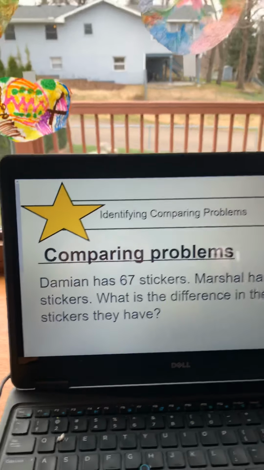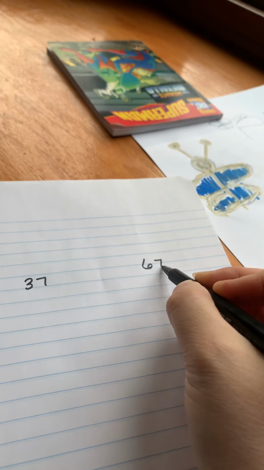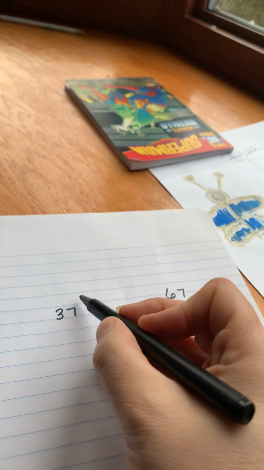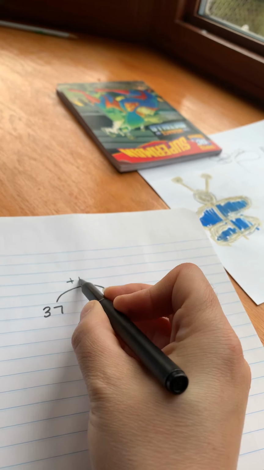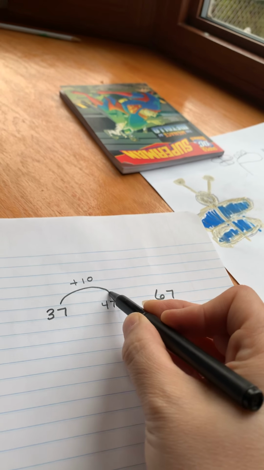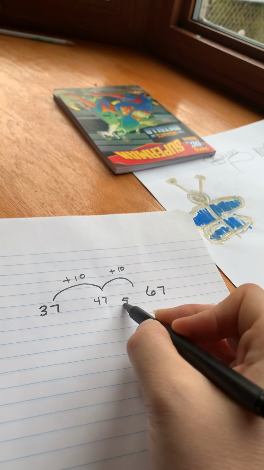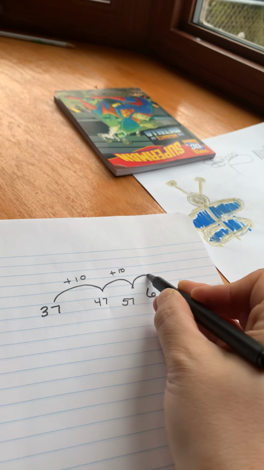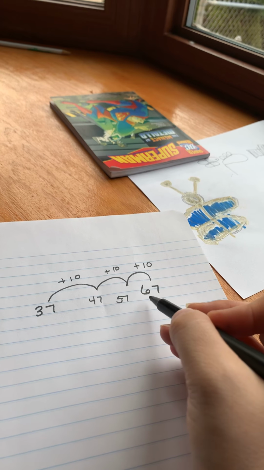When we compare, we can write an open number line. If Marshall had 37 and Damien had 67, I can find the difference. 37 plus 10 is going to give me 47, plus another 10 is going to give me 57, plus another 10 is going to give me 67.